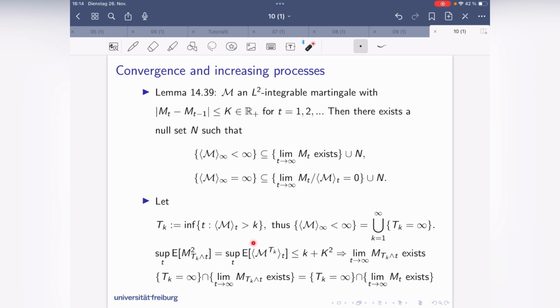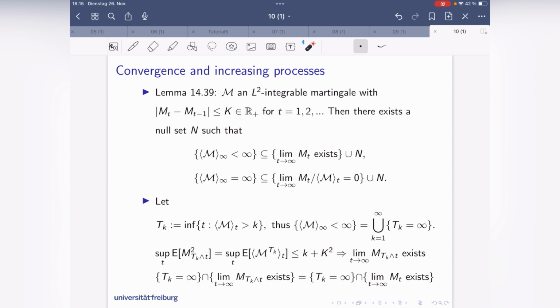Well, in this thing here, M at the time T_k, okay, so there must be one jump above k here. The jump cannot be bigger than big K because of this assumption here, because one jump is at most K. That's the reason here for this K square.